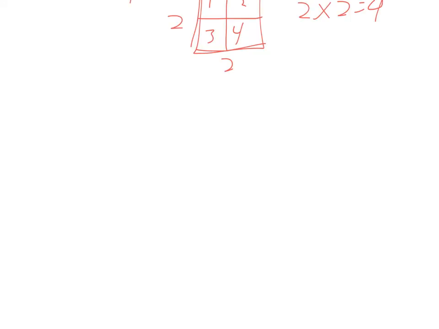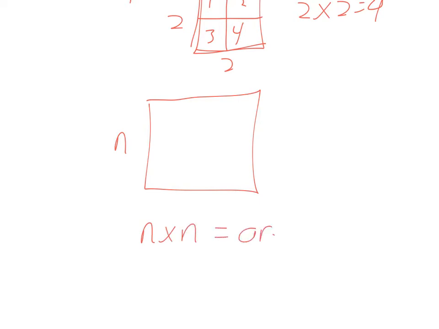To represent that, you might have a square and say the square had a side of n. Well, that means all the sides are n, so n times n gives me the area. You could represent this as n with the exponent of 2, n squared, the number times itself, which gives you the square of a given number.